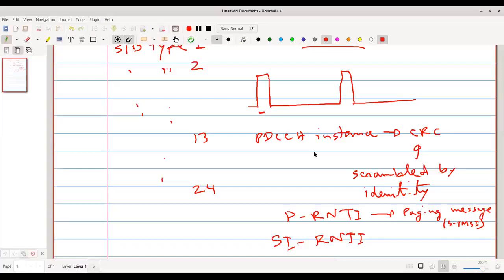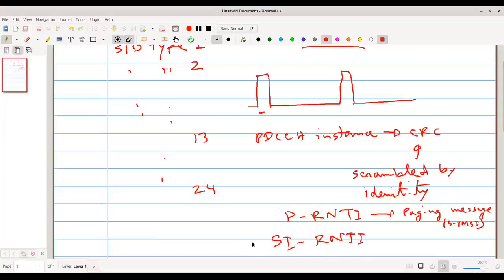So in this case, all users, whoever is awake at that period, will have to read the system information message. It will read the resource blocks and find out what the network is saying on the SIB types.